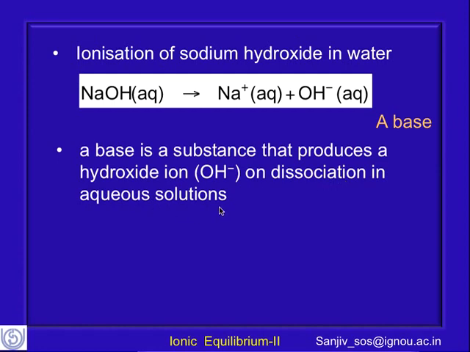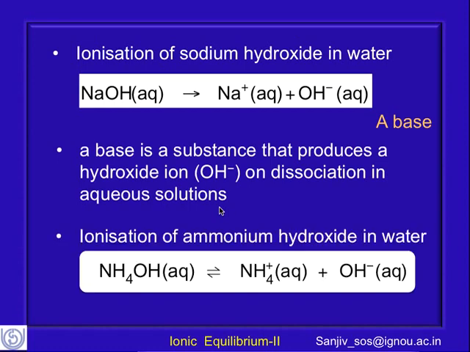Fair enough. Now, similar to what we had in the case of acids, let's look at the ionization of ammonium hydroxide in water. When you put ammonium hydroxide into water, it gives you ammonium ions and OH minus ions. That means this is again an equilibrium situation, which suggests that ammonium hydroxide is a weak base.